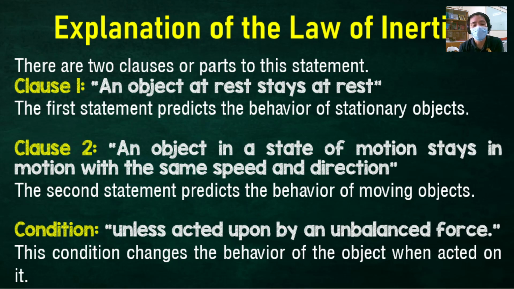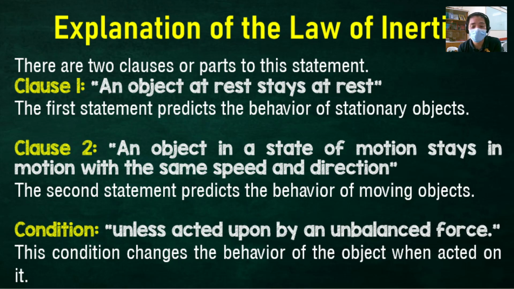Example, our house that was built on the ground is not moving. A statue in the park is not moving. Or even a car, which can be found only inside your garage. The second clause explains objects that are in the state of motion.